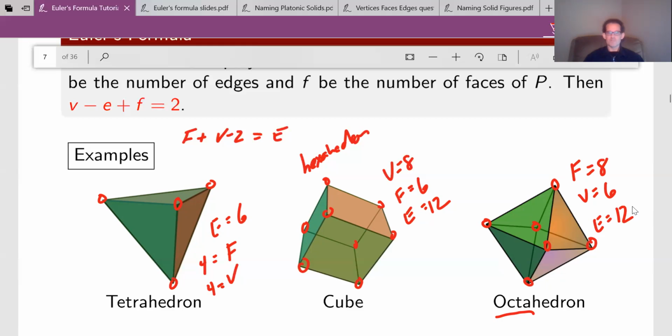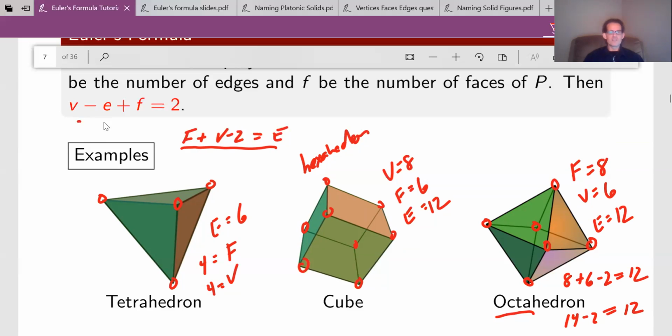Okay? So if I use my formula right here, faces plus vertices minus 2 equals edges, that would be 8 plus 6 minus 2 equals 12. So 8 plus 6 is 14. 14 minus 2 equals 12. Okay?